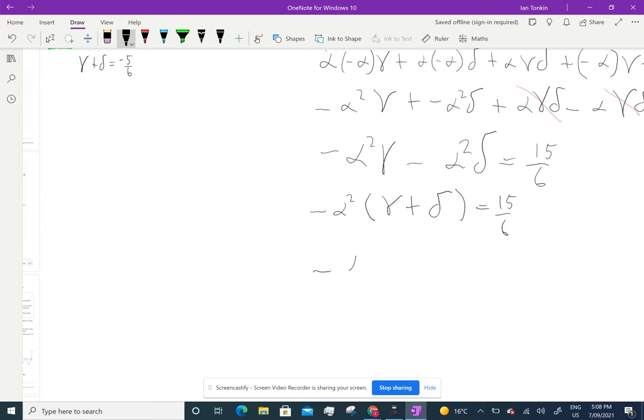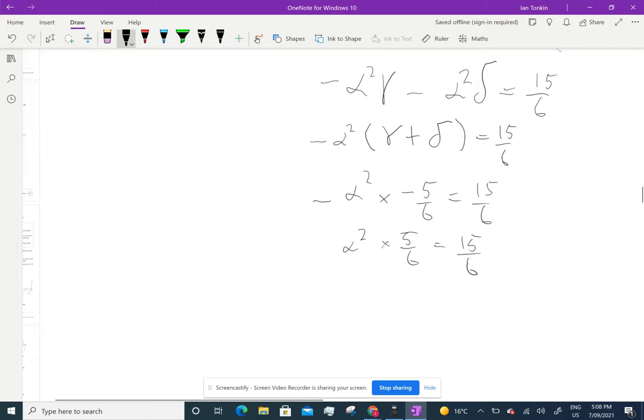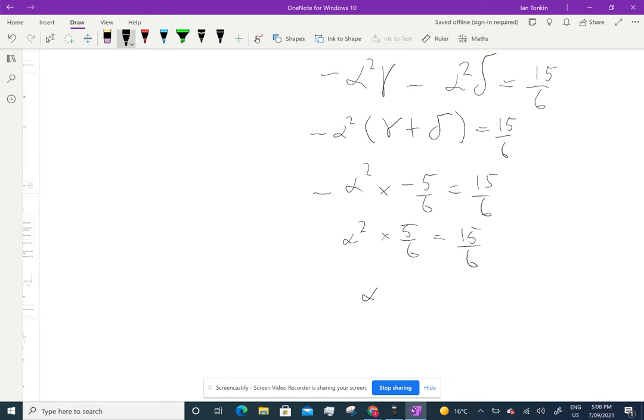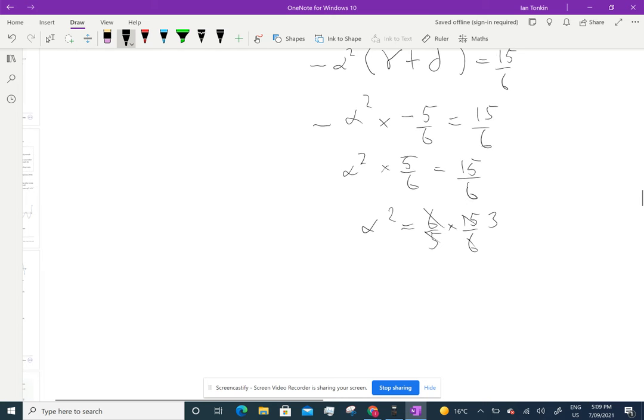So I get minus alpha squared times minus 5 on 6 equals 15 on 6, which gives me alpha squared times 5 on 6 equals 15 on 6. So if I multiply the 6 across, that'll cancel out the 5. So I get alpha squared equals 6 on 5 times 15 on 6. The 6's cancel, 5 goes into that 3 times. So you get alpha squared equals 3. So alpha equals plus or minus root 3.